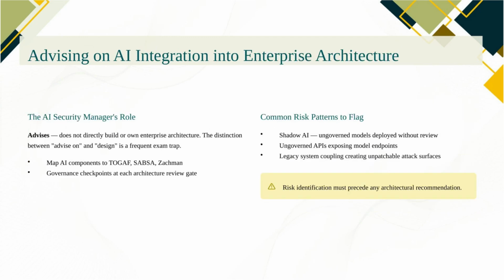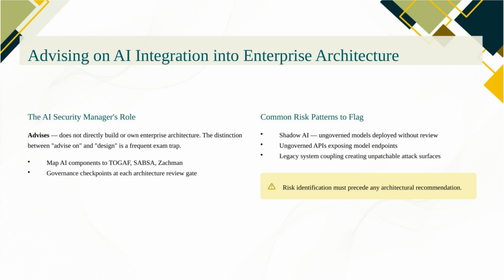Here's an important nuance the exam tests. The AI security manager's role is to advise on architecture, not to design it. This is a governance and oversight role. You're the person who maps AI components to existing enterprise frameworks like TOGAF, SABSA, or Zachman. You're the person who ensures governance checkpoints exist at every architecture review gate so that a new AI deployment can't go live without security sign-off.